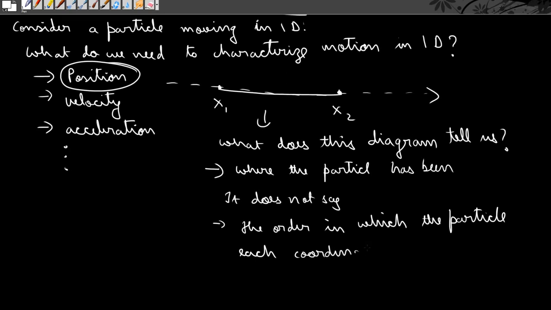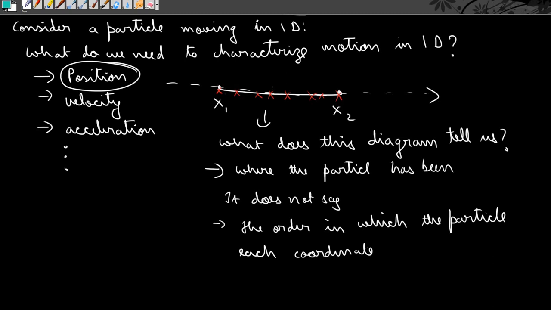It doesn't tell us whether the particle went from here to here, then to here, then here, then back here, then here, and then here. This is one of the possibilities.